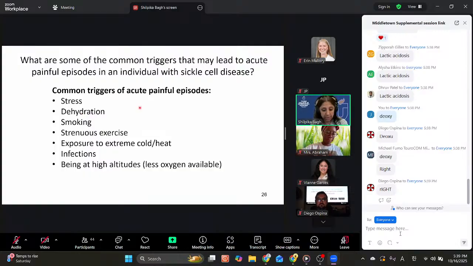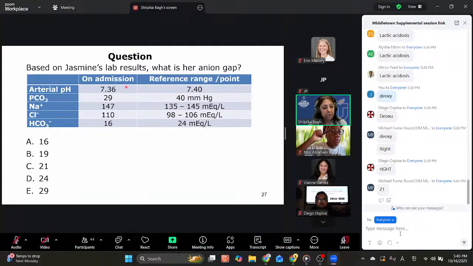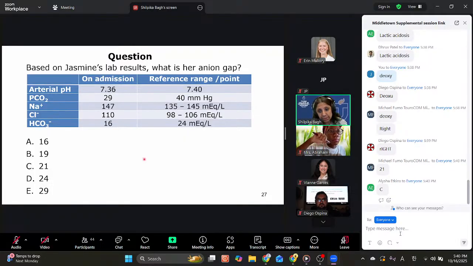And that is why, what was the anion gap here? Please, whenever you're going to give an anion gap, calculate it. What's the anion gap in Jasmine? 21. Is it high? Normal is 8 to 16. High anion gap is seen in which acid-base disorder?